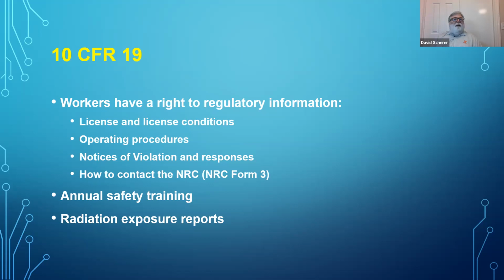There are certain things, as you said, particularly related to security, that can't be disseminated, but you can redact information that's otherwise secure. But a lot of the stuff isn't secure, right? A lot of the stuff in a license is very generic.